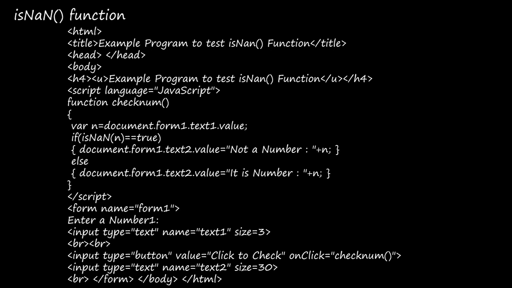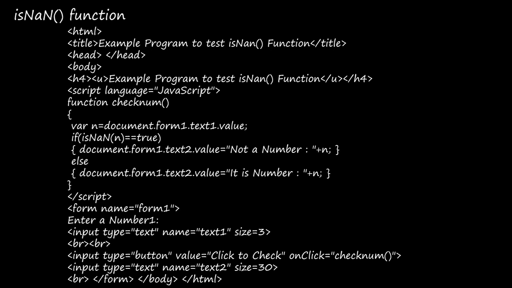Else, if this value is not true, the else part will be executed. Here in the else part, document.form1.text2.value is equal to "It is a number". This will be displayed, and the number also will be displayed in the output section.